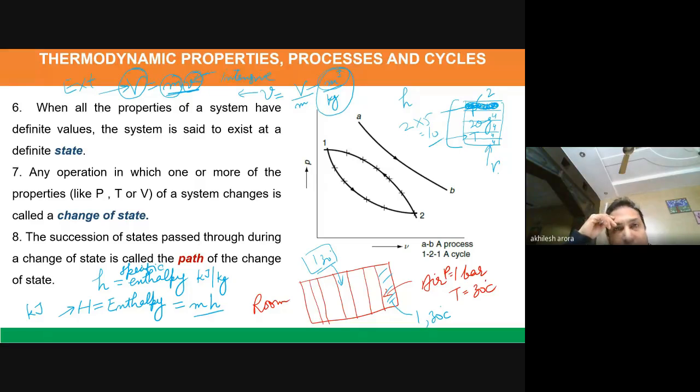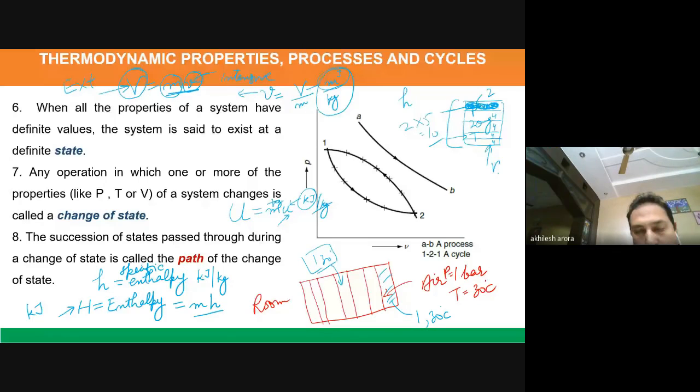Once again, suppose we have a capital letter U that we use for the internal energy. This U will be equal to m into small u. Now this small u is the specific internal energy, and the unit for specific internal energy is kilojoules per kg. The moment you multiply it by mass, for which the unit is kg, the kg cancels out, and U comes out in kilojoules.